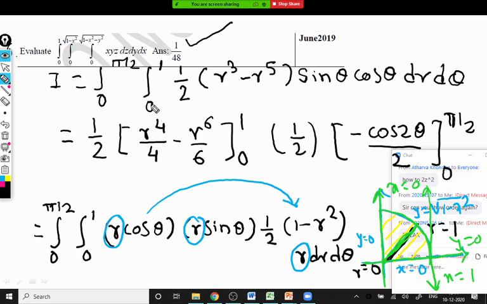If the limit of r is like 0 to 1 plus cos theta, then you have to integrate only with r first and then with theta. So when limits are constant and the integrand is in the form of a product, you can do it. Or if you still have the problem, integrate first with r and then with theta, you get the same answer. The best way, if you have confusion, is always to do it one by one. First integrate only r, then integrate with theta.